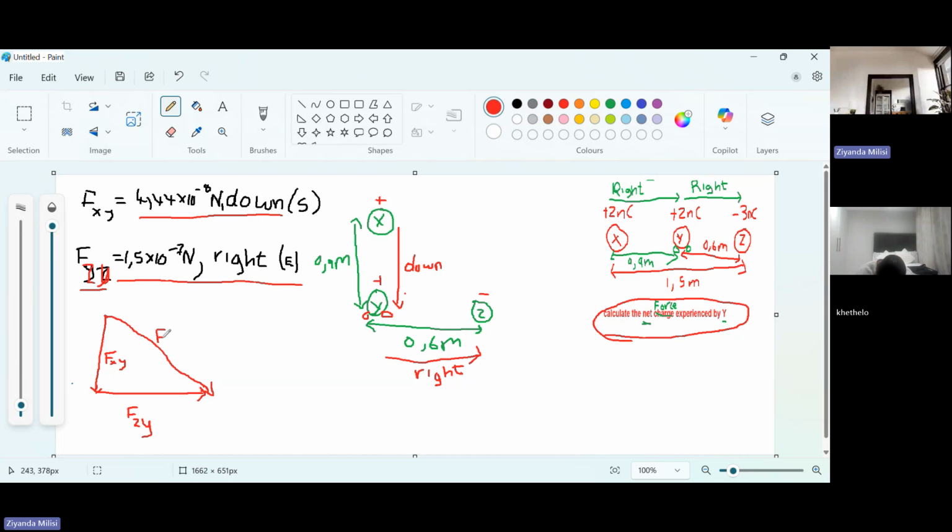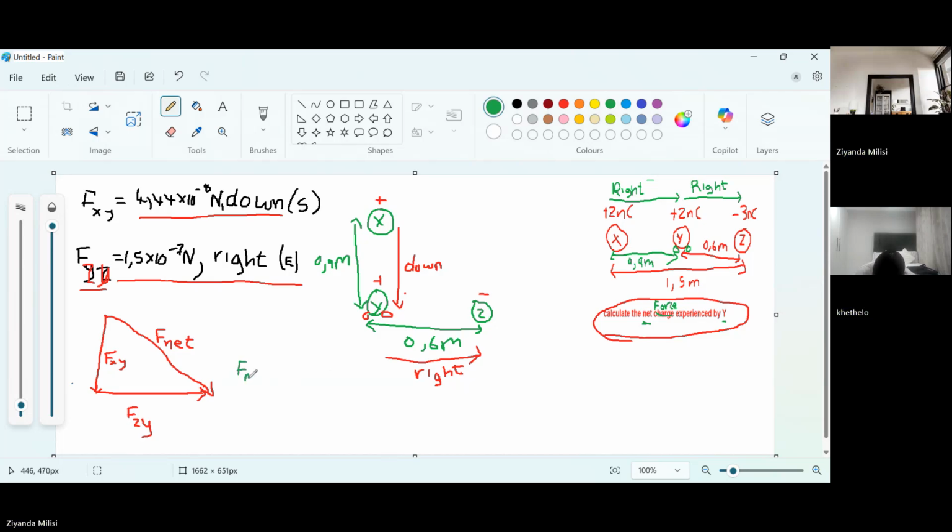Tell me, how are you going to calculate that F net? With Pythagoras. Yes, you will use the Pythagoras theorem. So quickly get on it.